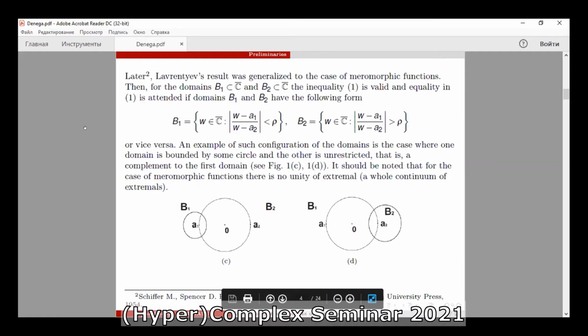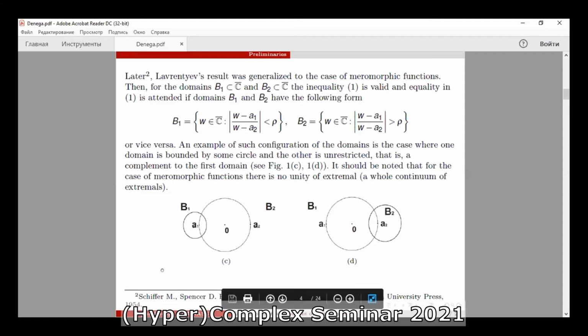Lavrentiev's result was generalized to the case of meromorphic functions. In this case, for domains B1 and B2, inequality 1 is valid, and equality in this inequality is attained if domains B1 and B2 have the following form.